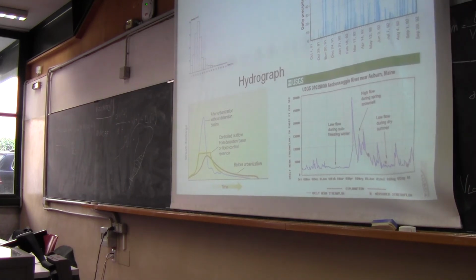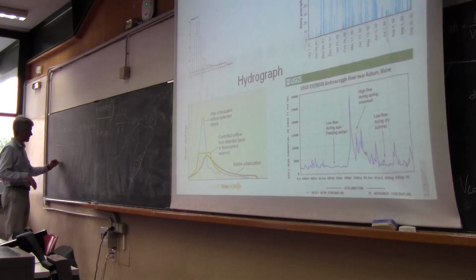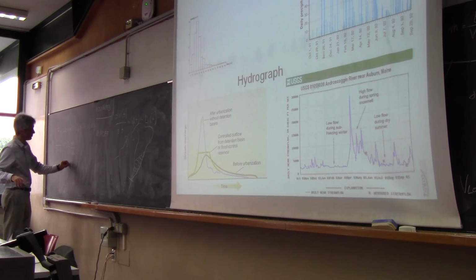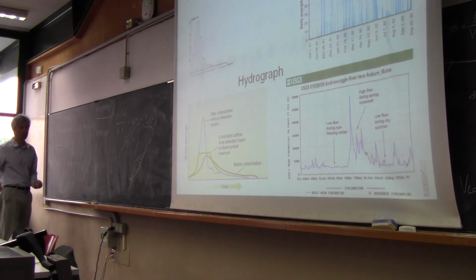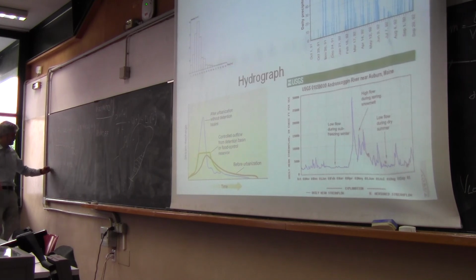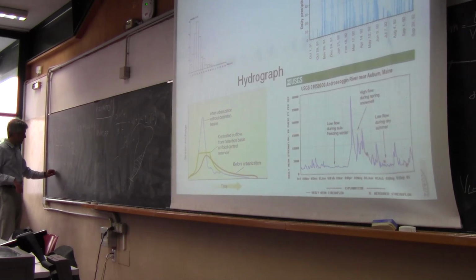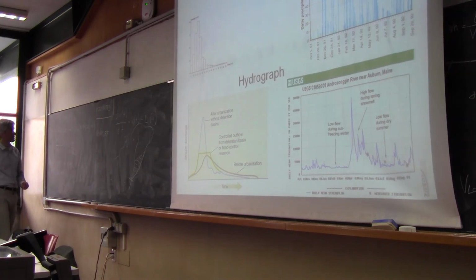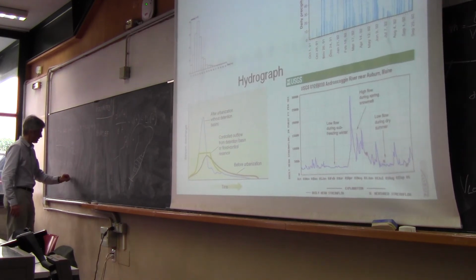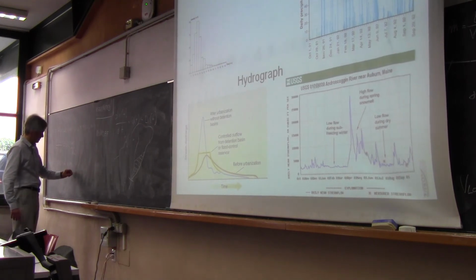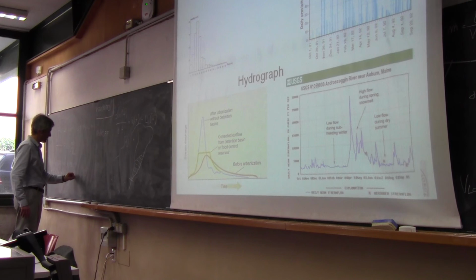Okay, now let me make another example. The Secchia River is a river that is located in this region that flows from the Apennines, and is much smaller than the Po River. The area is about 1,200 square kilometers, and Q is about 800 cubic meters per second.